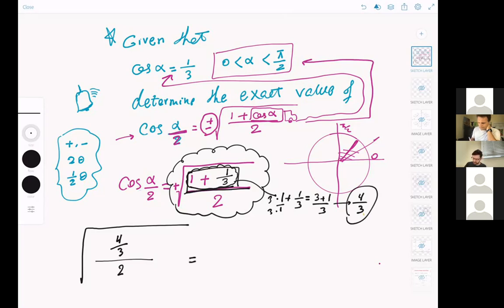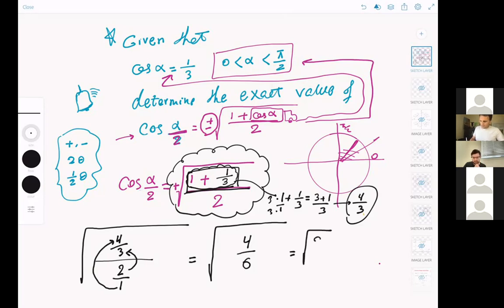If I simplify this, I keep the radical, we get 4 over 6. This 2 will multiply, and this 2 will multiply. 1 times 4 is 4, 2 times 3 is 6. 4 over 6 is something that you can simplify. It is radical 2 over 3.